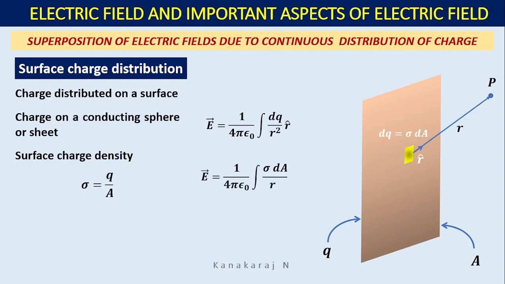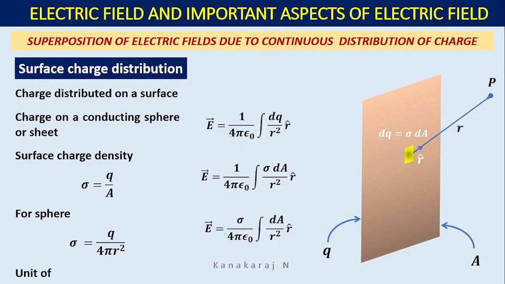And the final equation is E vector equals sigma by 4 pi epsilon naught integration dA divided by r square r cap. For a sphere, sigma equals q by 4 pi r square, since the surface area of a sphere is 4 pi r square. The unit of sigma is coulomb meter power minus 2.